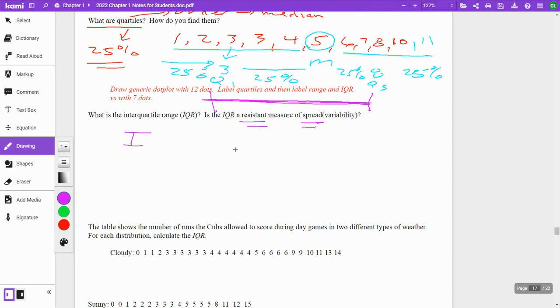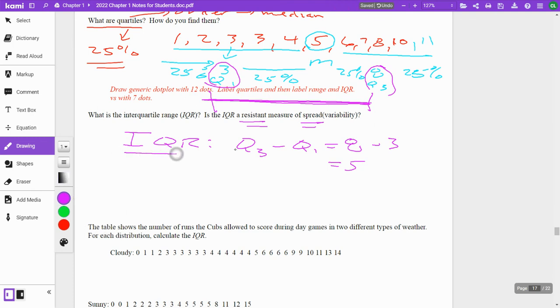Interquartile range, IQR, is literally Q3 minus Q1, which for this particular problem here, I would take 8 and subtract it from 3. So that gives me 5. So now here's the deal.